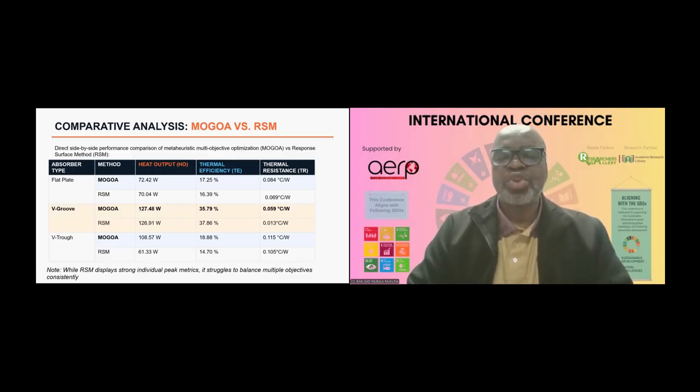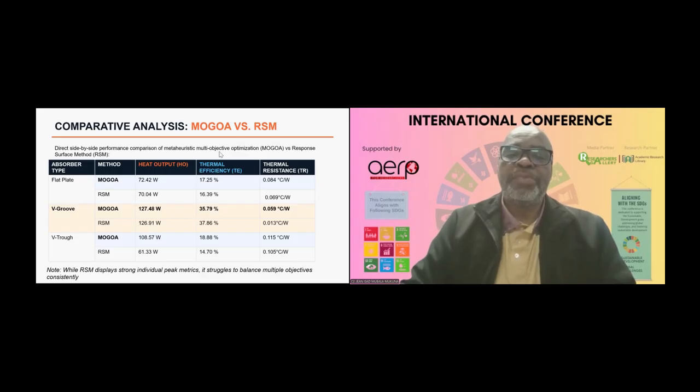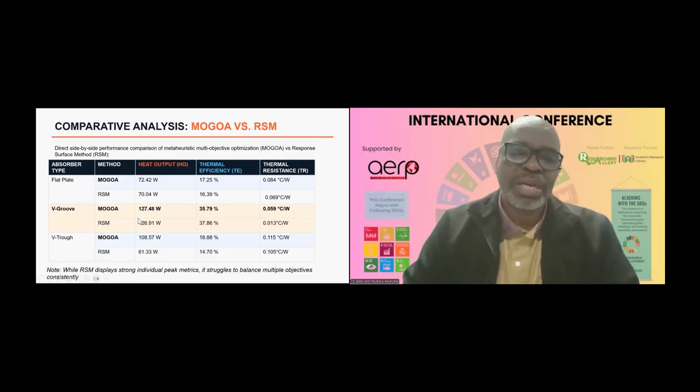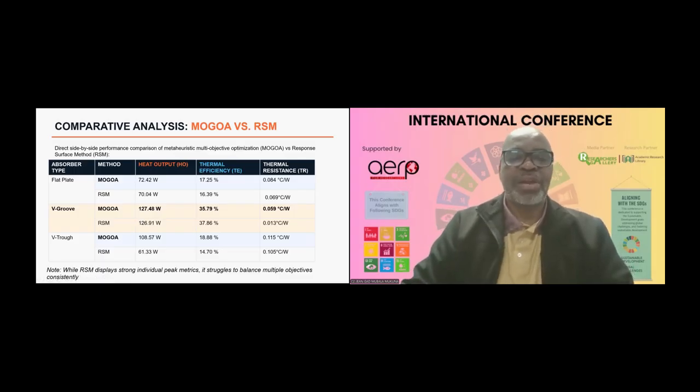The RSM is not combining or balancing all the variables together compared to the Grasshopper. So though the RSM might perform better here, it doesn't consider all the variables together. It's not balancing all the metrics together. That makes us stay attached to our Grasshopper multi-objective algorithm as the best one.